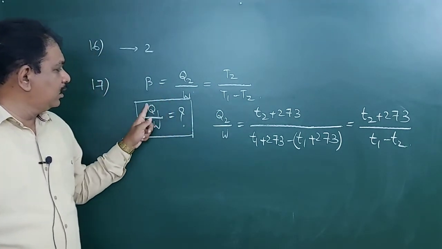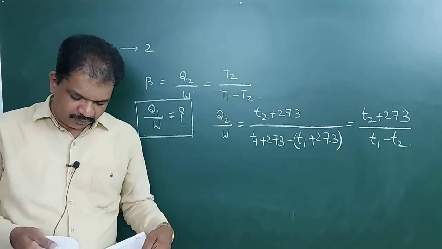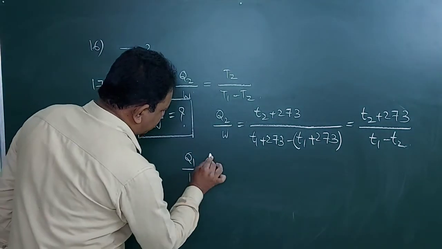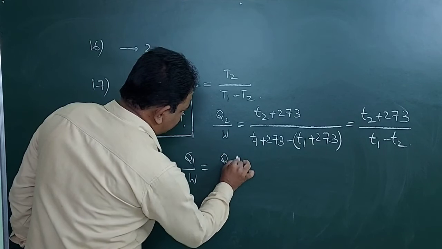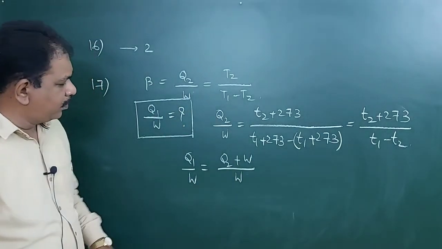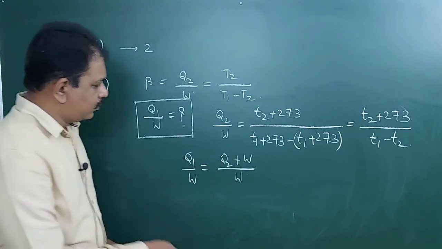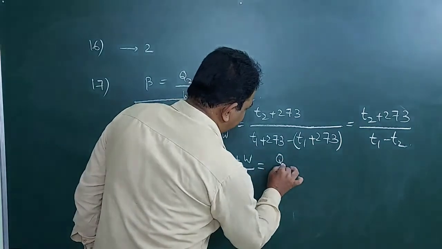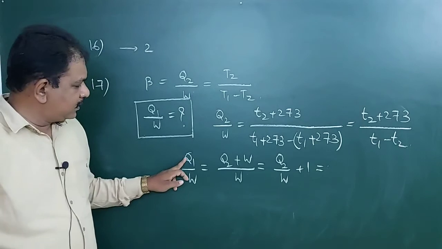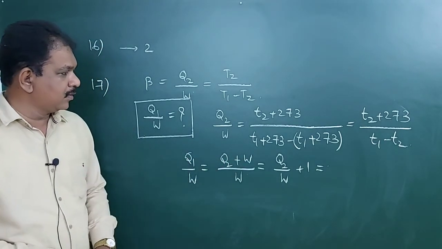But we need Q1 by W. Q1 is equal to Q2 plus W, so Q1 by W is equal to Q2 by W plus 1. That's why we got this one.